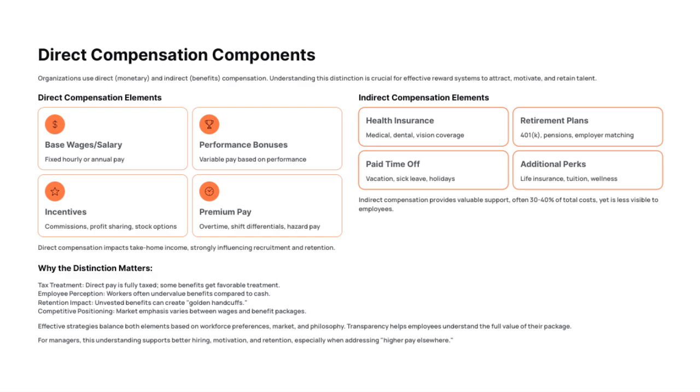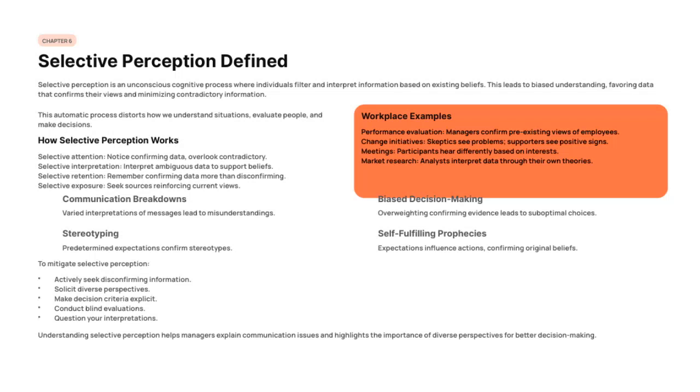In summary, organizations use a combination of direct and indirect compensation to attract, motivate, and retain talent effectively. Understanding the distinction between these components helps us create reward systems that are both attractive and sustainable, aligning with our overall strategic goals.